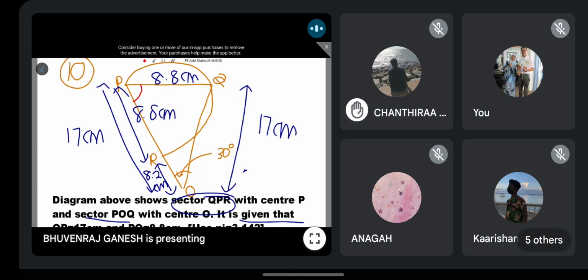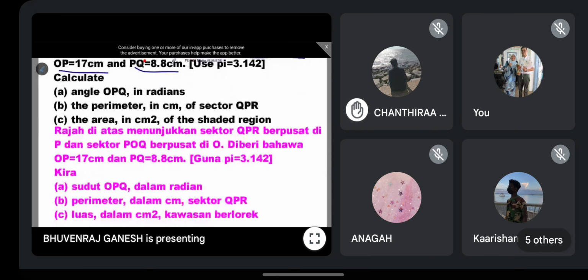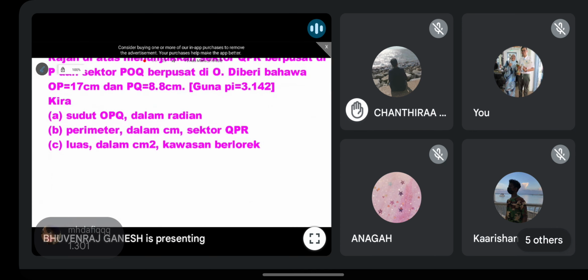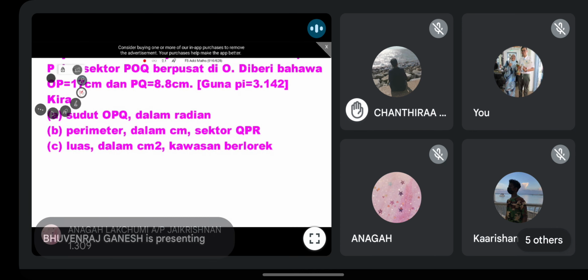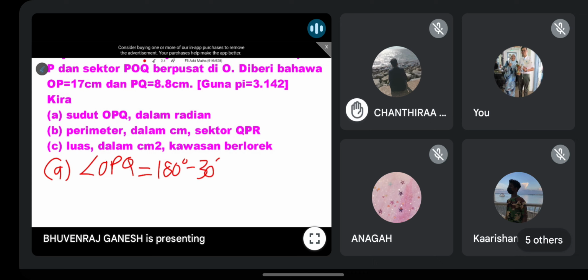75 degree in radian. Berapa? Yes. Okay, 1.309. Okay, so based on the triangle, kamu boleh kira lah sudut OPQ equal to 180 minus 30 bagi 2. Mengapa bagi 2?